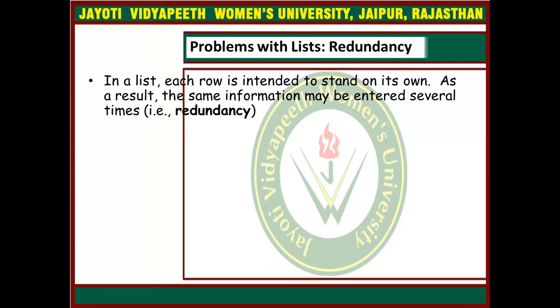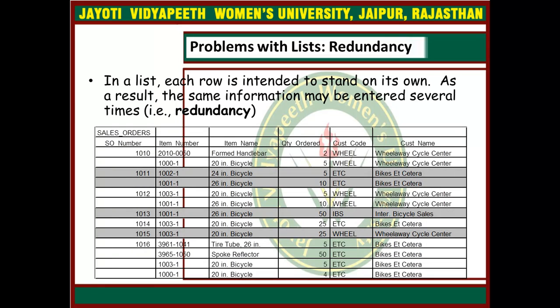Now, the problems with list: redundancy. In the list, each row is intended to stand on its own. As a result, the same information may be entered several times, that is redundancy, meaning duplication. Okay, so you see here in the highlighted rows, these are the duplicate entries, but there are some things which are similar, like bikes etcetera, and this serial number is missing.